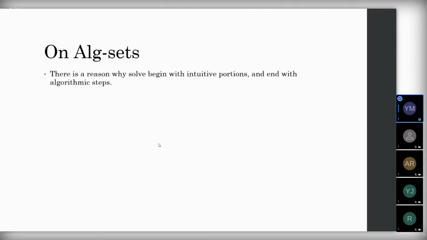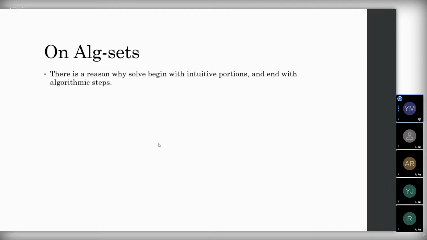And there's a reason why you do the intuitive portions of the solve in the beginning and algorithm steps at the end. Two reasons that you can sort of get an intuition around this: firstly, in the beginning of the solve, there are multiple pieces that are unsolved. So if you try to solve three pieces in the beginning of the solve using an algorithm, they can be anywhere on the cube, so you'll need a lot more algorithms to solve them rather than during the end of the solve.